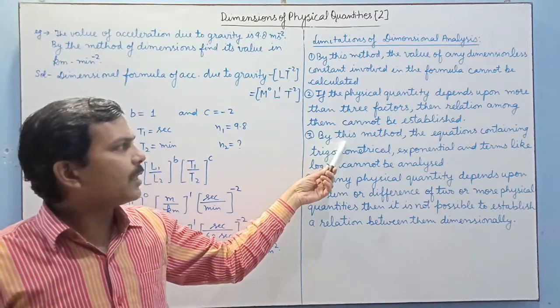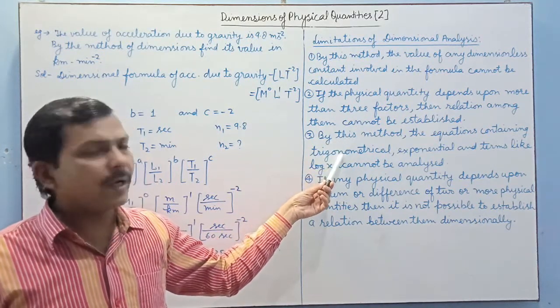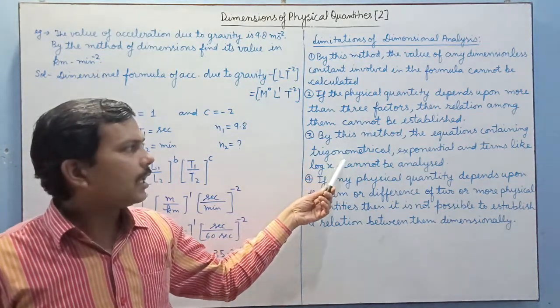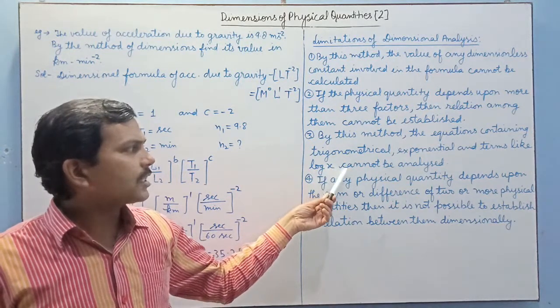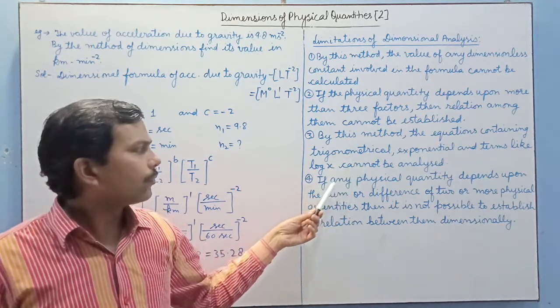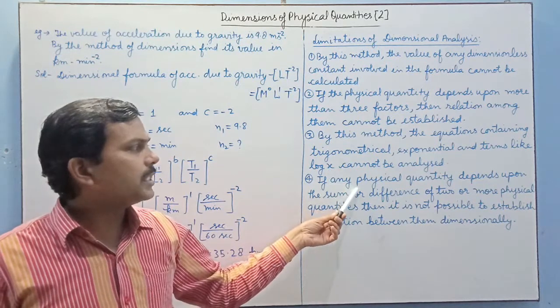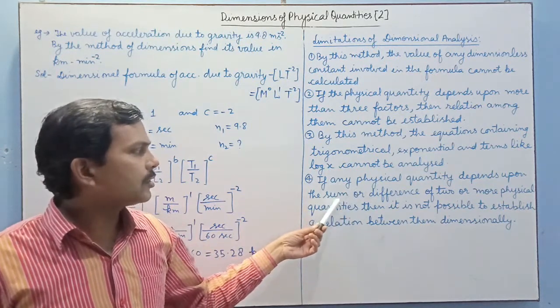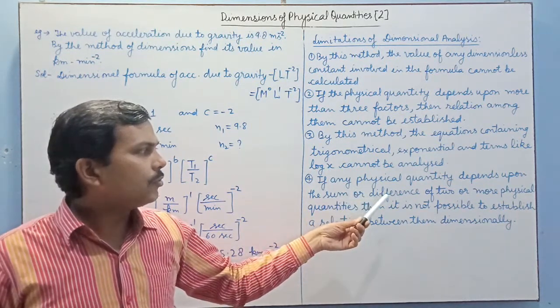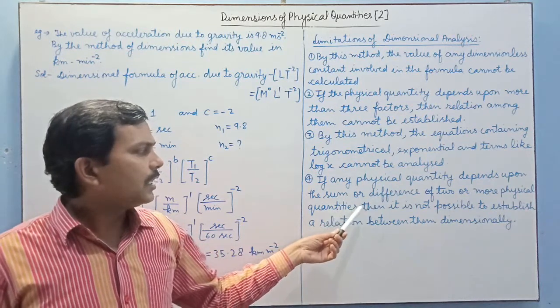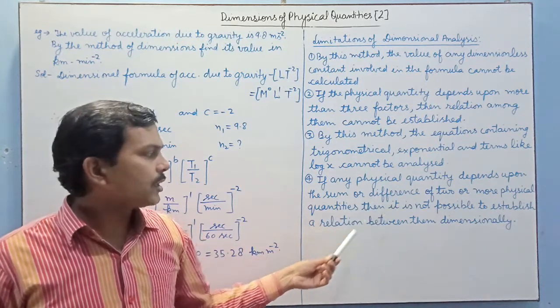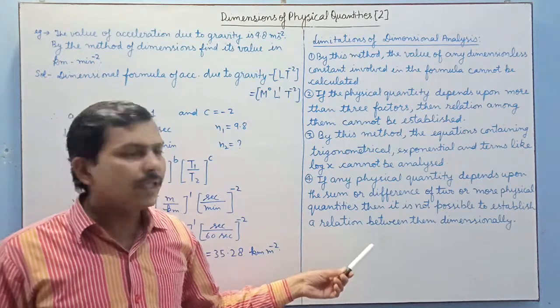Next is, by this method, the equations containing trigonometrical, exponential and terms like log x cannot be analyzed. Next is, if any physical quantity depends upon the sum or difference of 2 or more physical quantities, then it is not possible to establish a relation between them dimensionally.